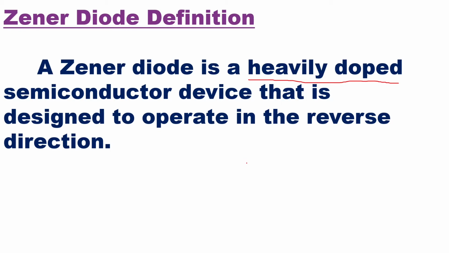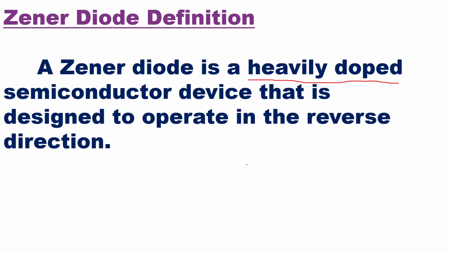We have to do doping, that is, we have to add impurity to a pure semiconductor so that it can improve its conduction. It can allow a current to flow. Movement of charges can become easy. There will be a large number of either electrons or holes that you can produce. That is why it is called heavily doped.